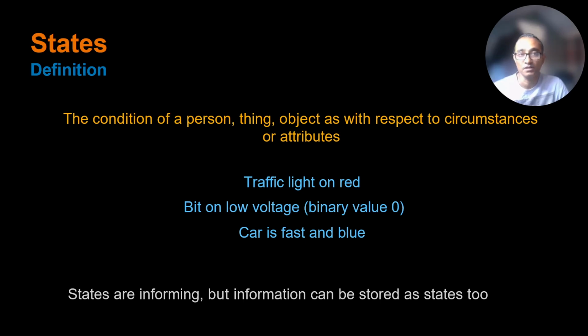For example, a traffic light at a given moment of time can be in different colors like red or green or maybe amber, but it cannot be at the same given time in two different colors. That would lead to a very dangerous situation on the road.